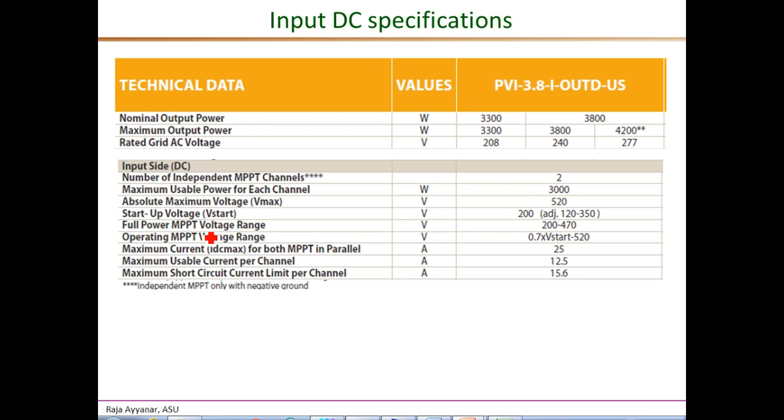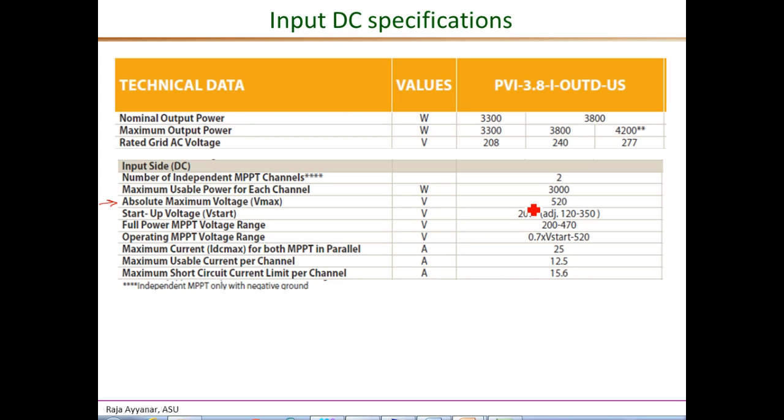Okay, then there are several DC voltage ratings that are important in the design of the DC to DC stage of the inverter. The first one is the absolute maximum voltage, Vmax, which for this product is 520 volts. Now this relates to the maximum number of PV panels that can be connected in series and their combined open circuit voltage.